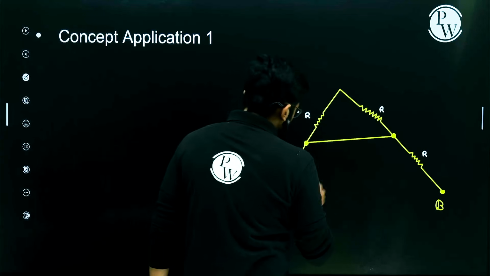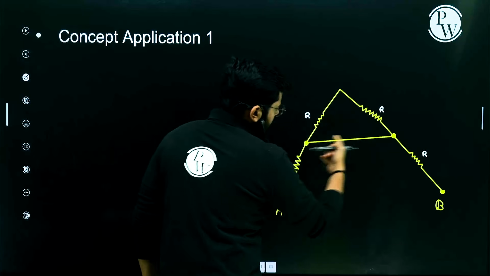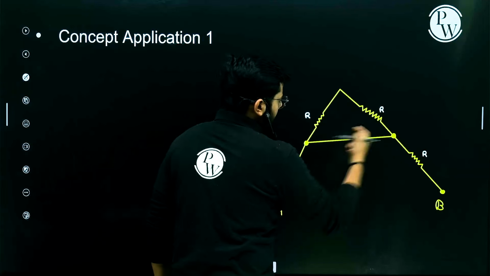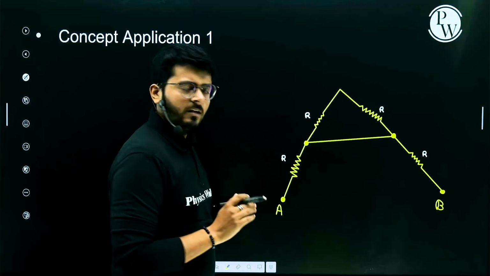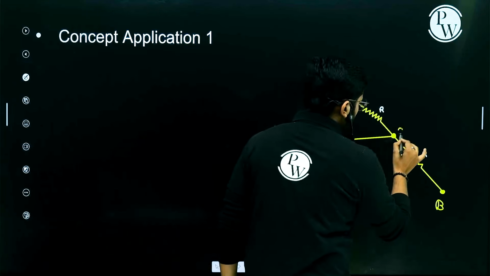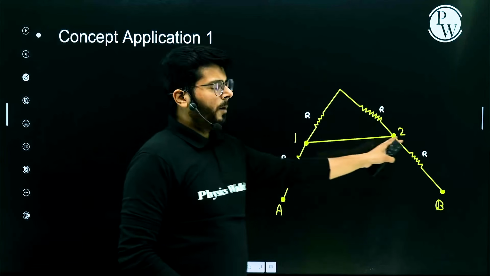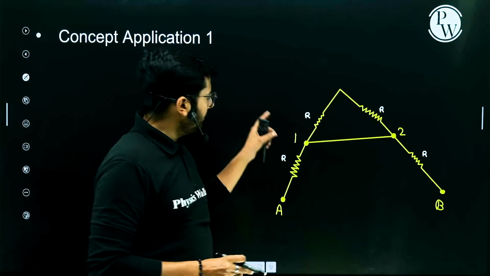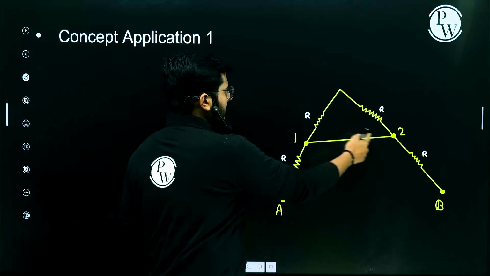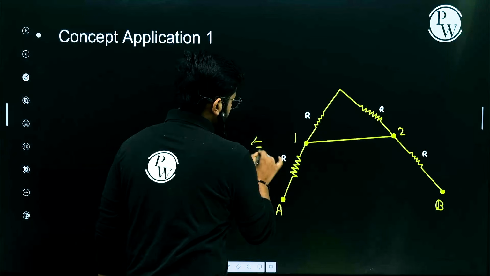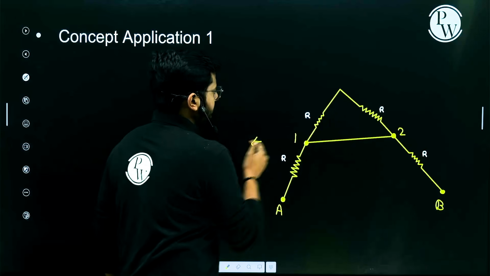So here it is. Look into these 2 points. These points are connected with a connecting wire, right? So simply by observing the numerical, I can say that these 2 points, point number 1 and point number 2, are connected with a connecting wire. So there will be no potential drop between point number 1 and point number 2. If there is no potential drop between point 1 and point 2, these are the same points. Basically, I can join them, right?